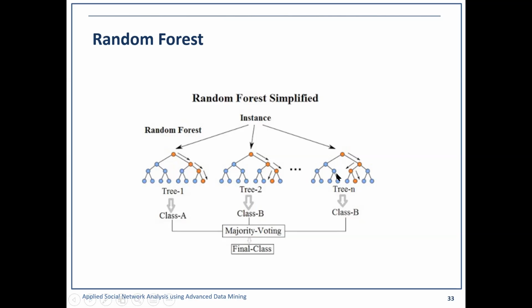Yeah, that was important. So if we apply a random forest, let's say 100 times, maybe tree number 1 gets it wrong in one case, and in the other case, tree number 1 gets it correctly. But in general, we can say that majority voting outperforms each one of the experts.